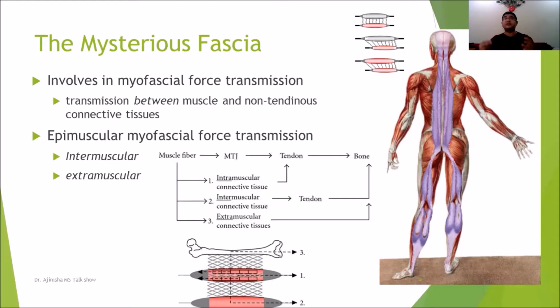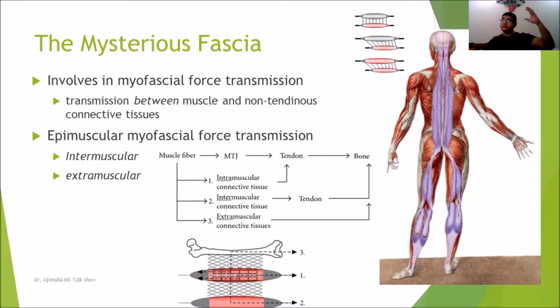Many of the studies are saying that 30% of the muscular force is transmitted through the second and third, or you can say through epimuscular myofascial force transmission. Just think about an example of somebody who has a tight hamstring and is complaining of back pain or neck pain.